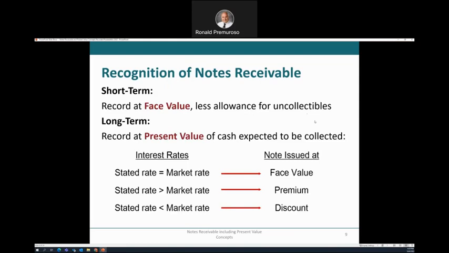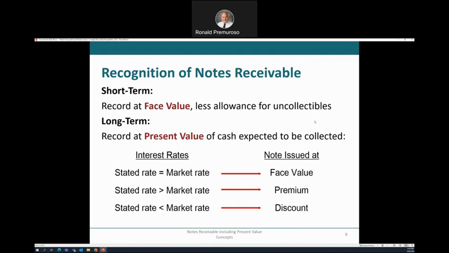Slide 9 is a very important slide because it summarizes the recognition of notes receivable on the balance sheet in accordance with GAAP. A notes receivable is deemed to be a short-term notes receivable if it's collectible by the terms of the note within 12 months of the balance sheet date. If that's the case, it's very simple.